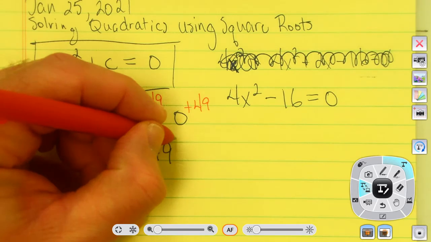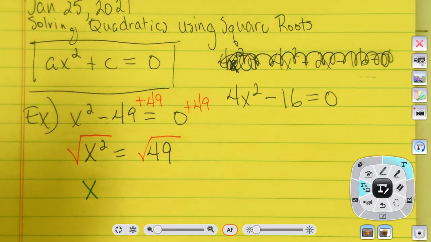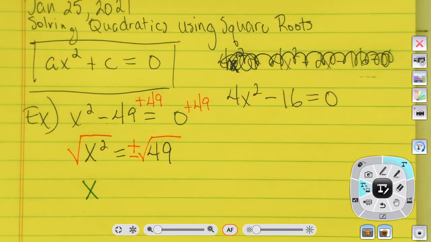And I can do that over here as well with one stipulation. I have to write that as plus or minus. And I'll explain that a little more thoroughly.